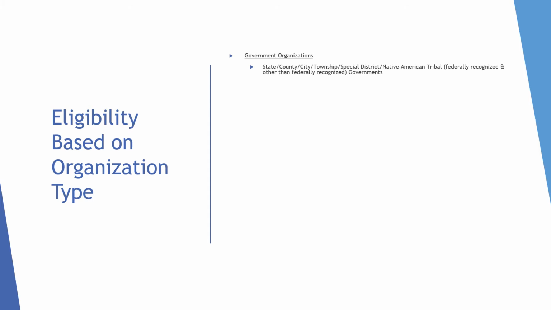Government organizations. That's any state, county, city, township, special district, and/or Native American tribal government. Education organization. That's an independent school district, public and state-controlled institutions of higher education, and private institutions of higher education.